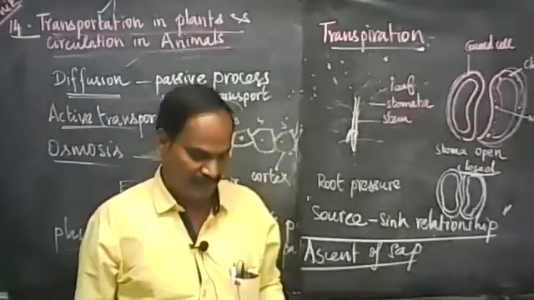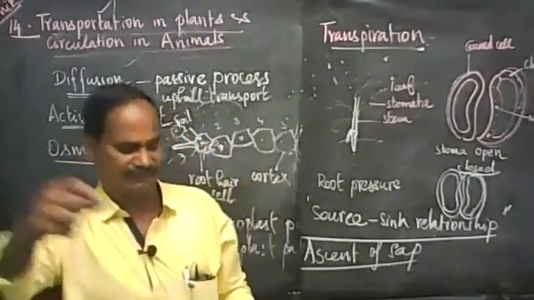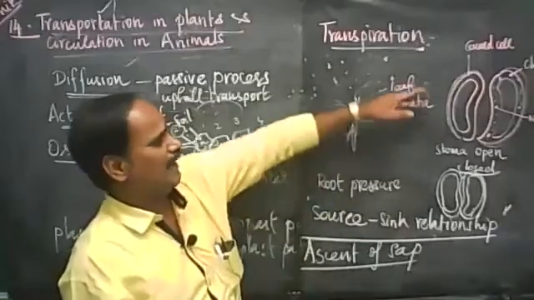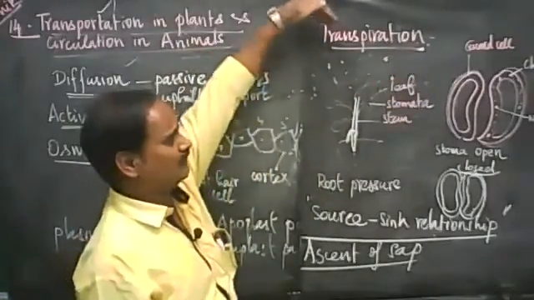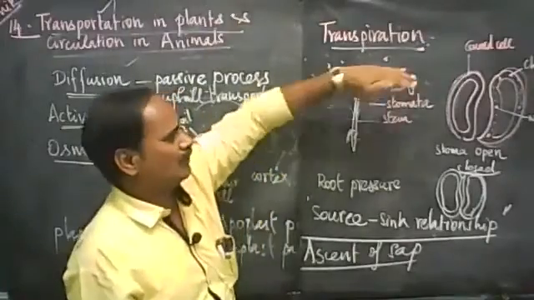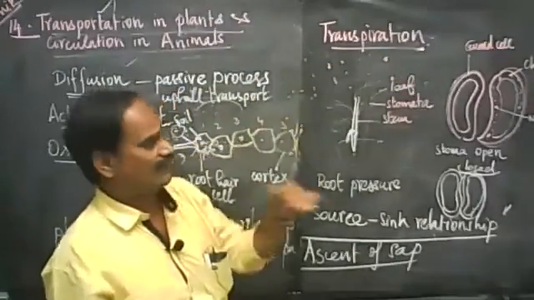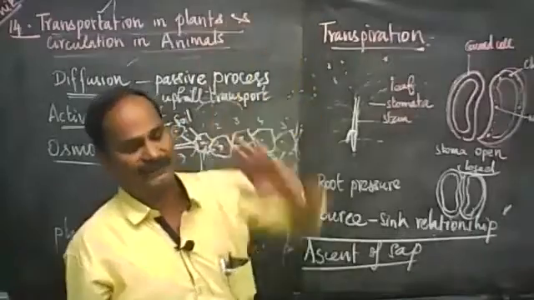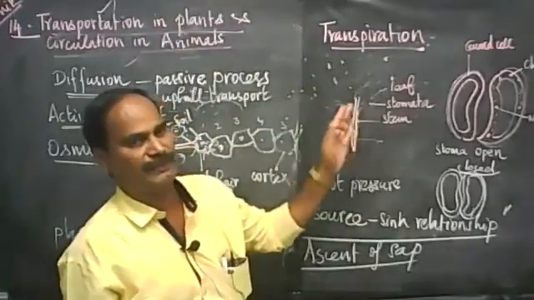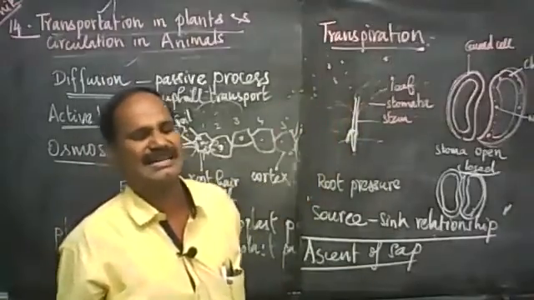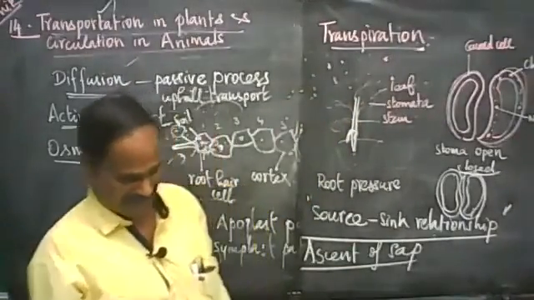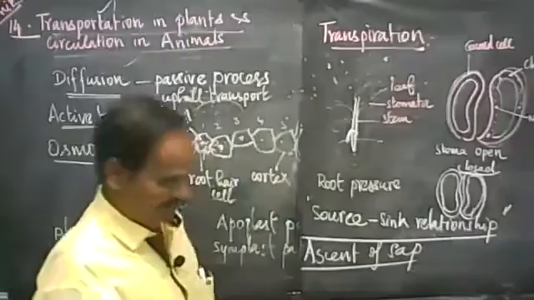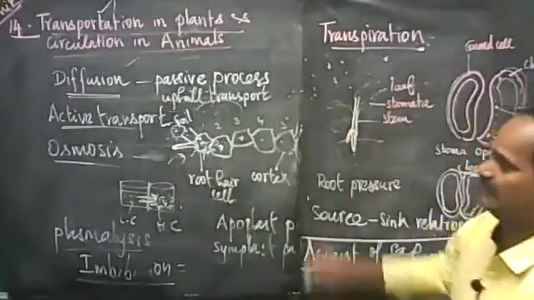Transpiration pull creates the vacuum, which creates a suction. Various forces act, and water and mineral movement takes place in the plant.